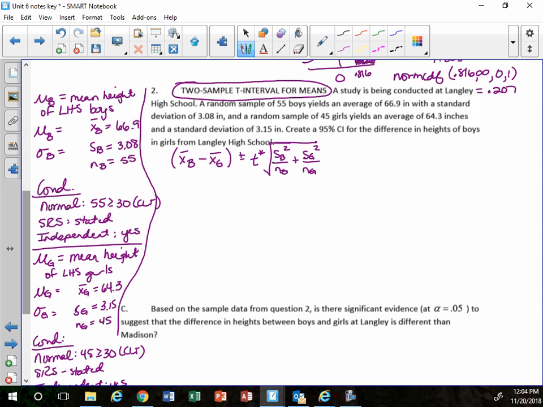Which one are we going to use? 2-sample t interval, right? So you guys go ahead and find that 2-sample t interval. We're doing the interval. Do we have individual data values or do we have statistics from our sample? We have statistics. Do you guys need me to pull the calculator screen up here?